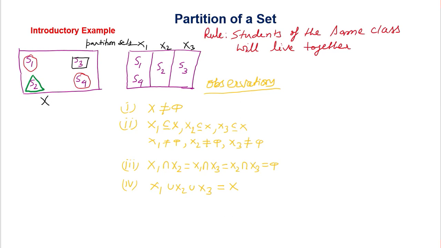Now, the meanings of these observations are very simple. This first observation is that the full set is non-empty.